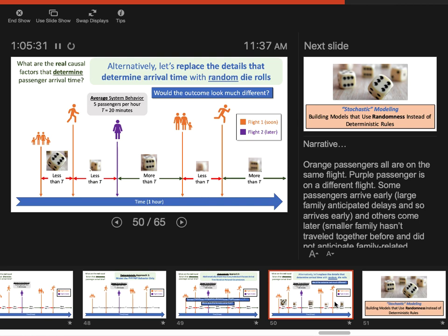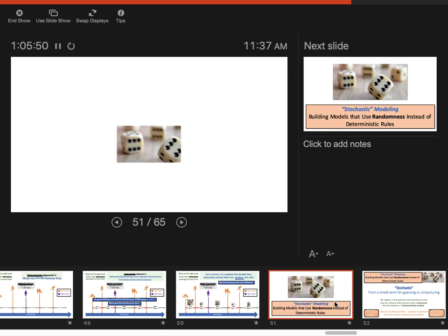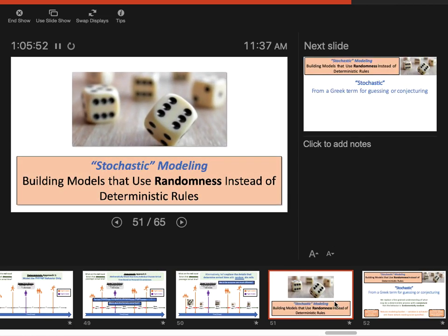And the question is, does this outcome look that much different than the real outcome? And if it doesn't, then all I need to do is find the right die, and I actually end up generating pretty good inter-arrival times that generate trajectories that look just like a real trajectory. So that's what we do in stochastic modeling.